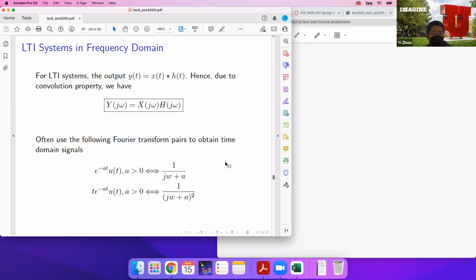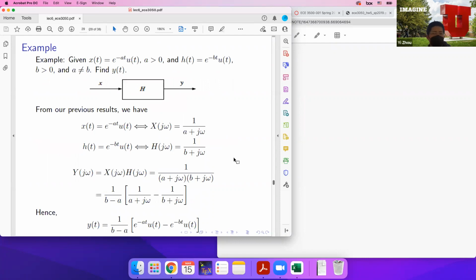When we analyze these systems using Fourier transform, for standard signals we can always refer to the table of Fourier transform pairs, so that we don't have to calculate the Fourier transform or the inverse Fourier transform by hand every time. For example, last time we went through this example.